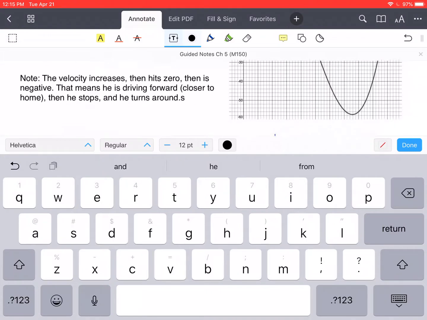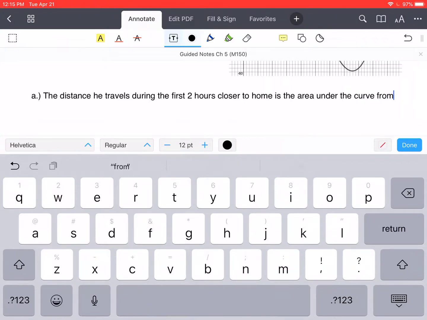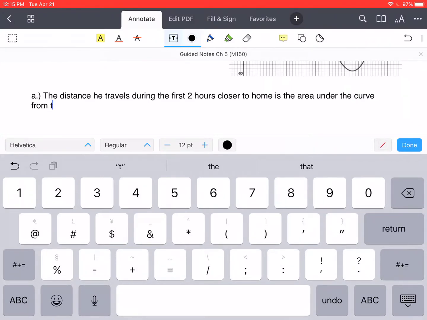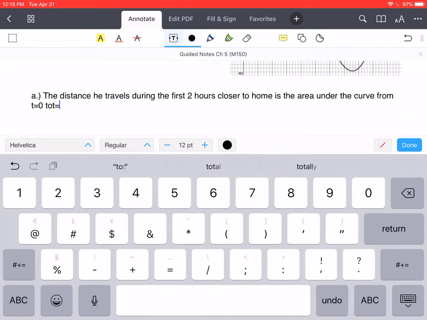Closer to home is the area under the curve from t equals 0 to t equals 2.